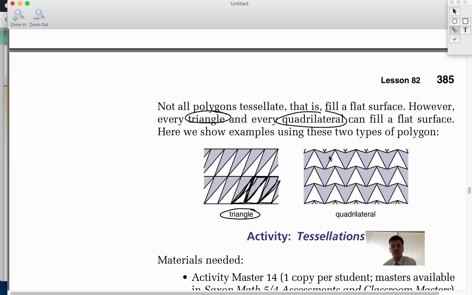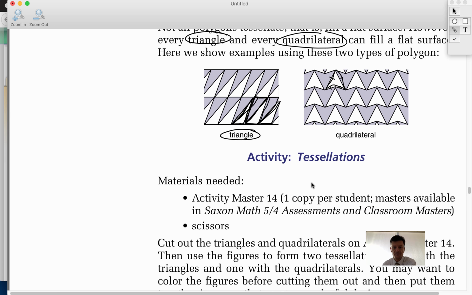Here's a quadrilateral with 1, 2, 3, 4 different sides, and they've adjusted it a little bit, so it looks maybe like an arrow, and you can fit those together. You turn the next one upside down, fit it together, and you just keep fitting them all together, and you'll see that that quadrilateral is indeed making a tessellation.